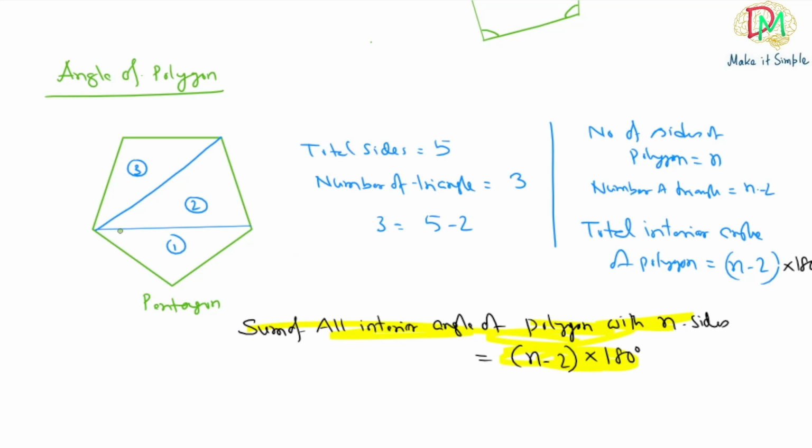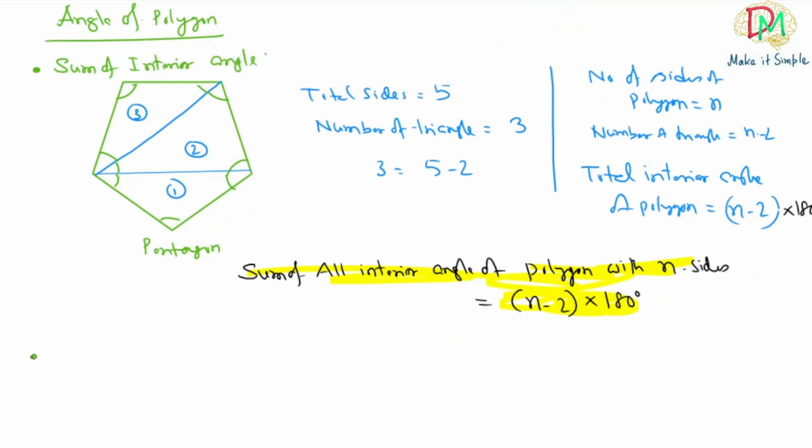Why? Because look at this, for triangle 1 the sum is these 3 angles, and for 2 the sum is again this, and for 3 this. So it covers all the internal or interior angles. Clear?